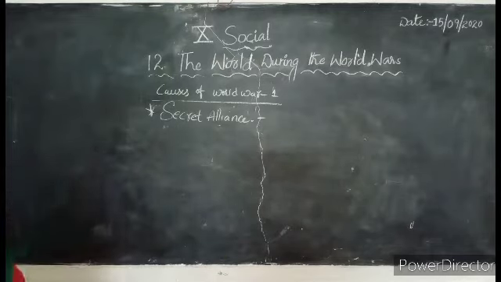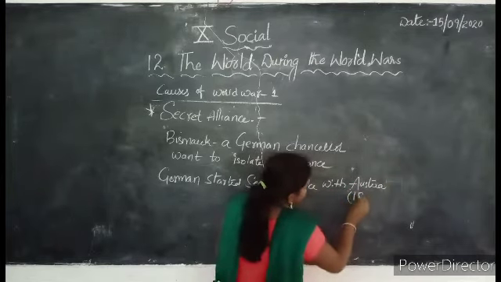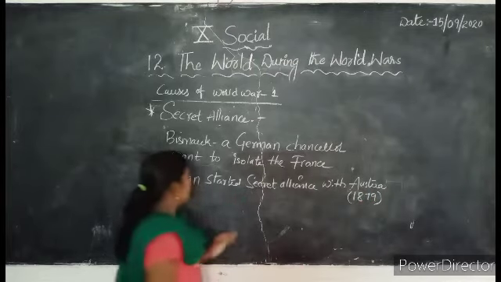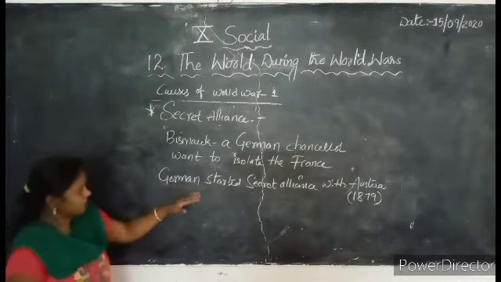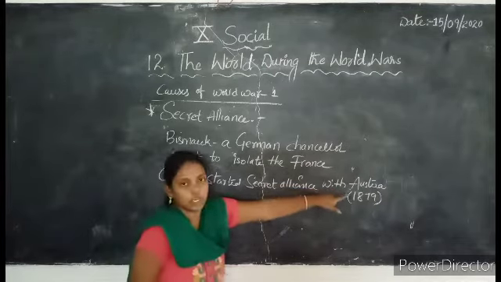So, for this reason, Germany started a secret alliance with Austria. In which year? 1879. So, in order to isolate France, Germany started a secret alliance with Austria in the year 1879.